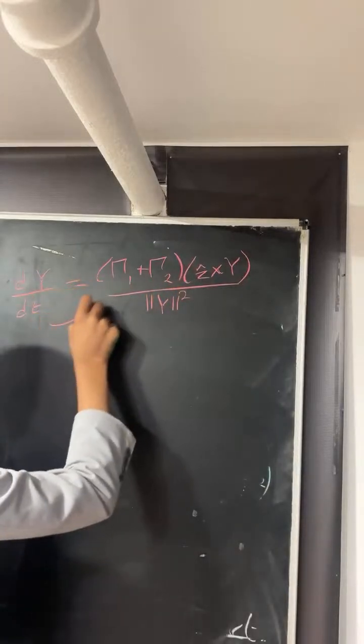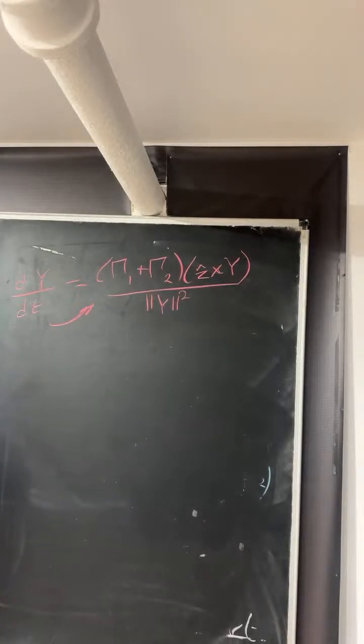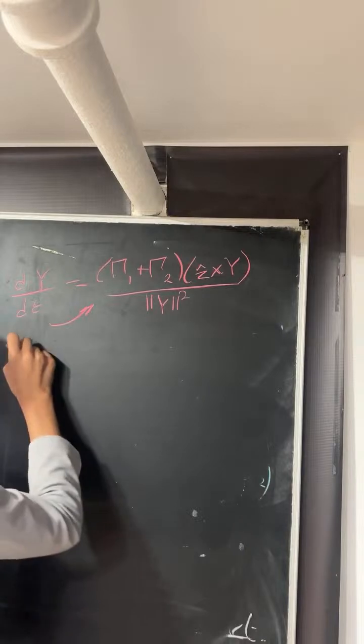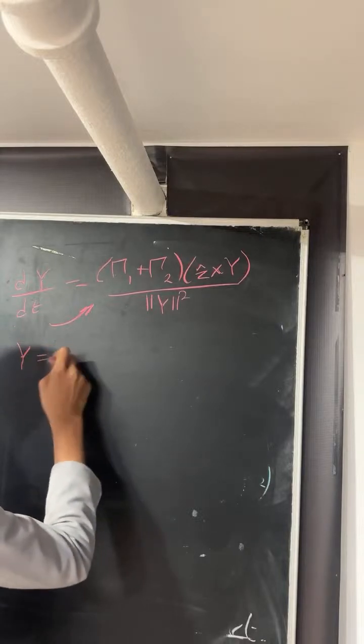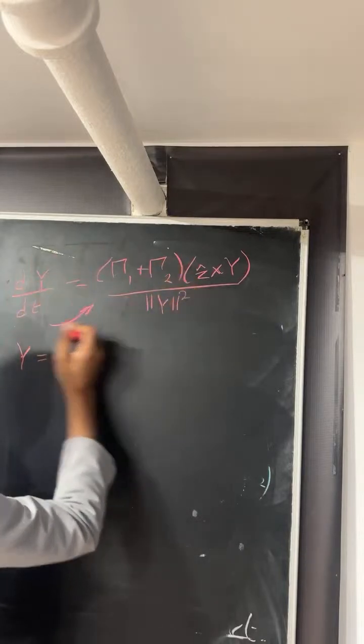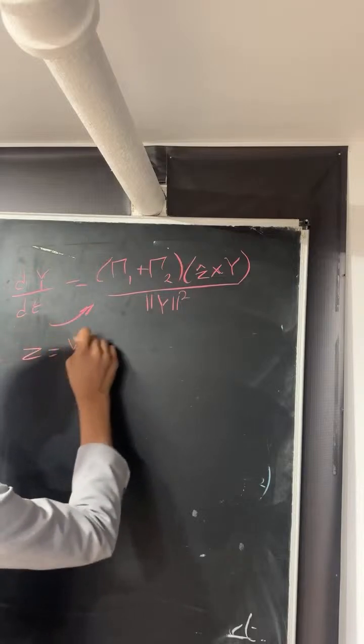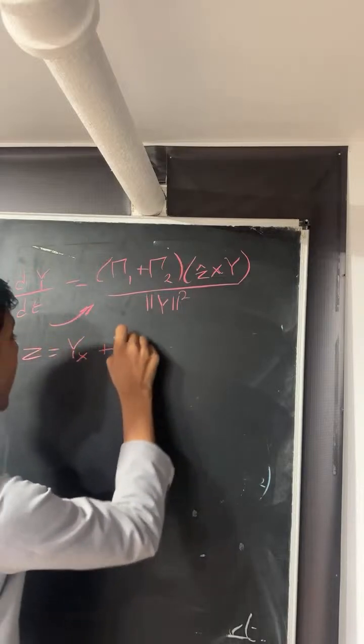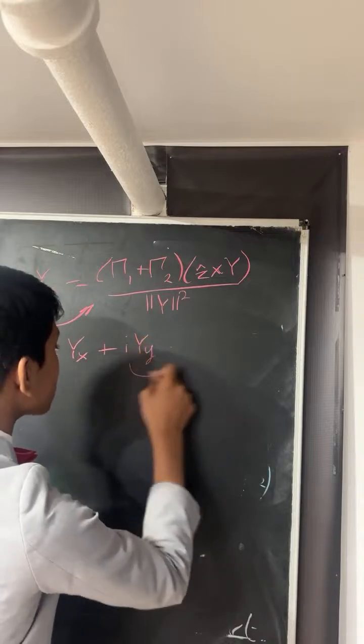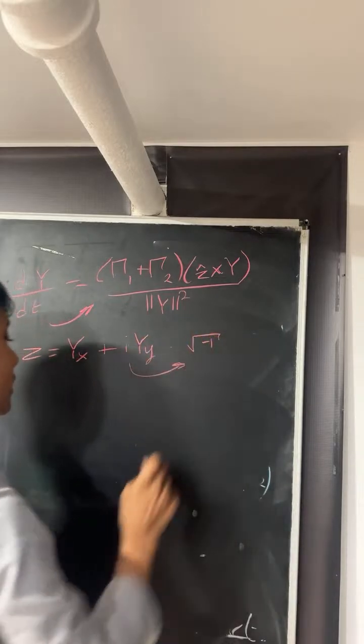Okay, now this is pretty nice. Here's something very special I'm going to do. I'm going to bring out our complex algebra skills. So let's call z equal to yx plus i yy, where of course i is just the square root of -1.